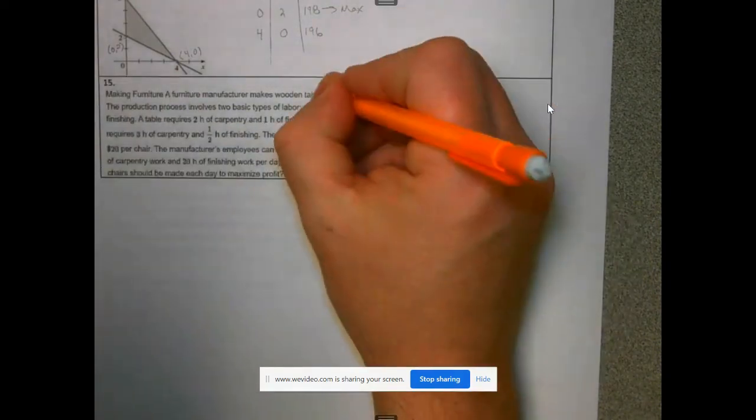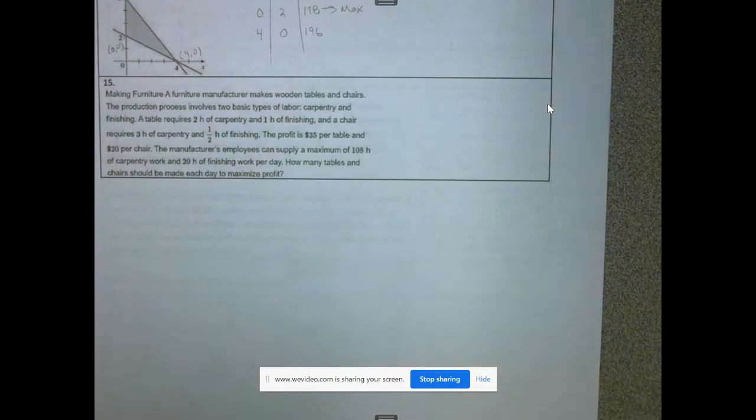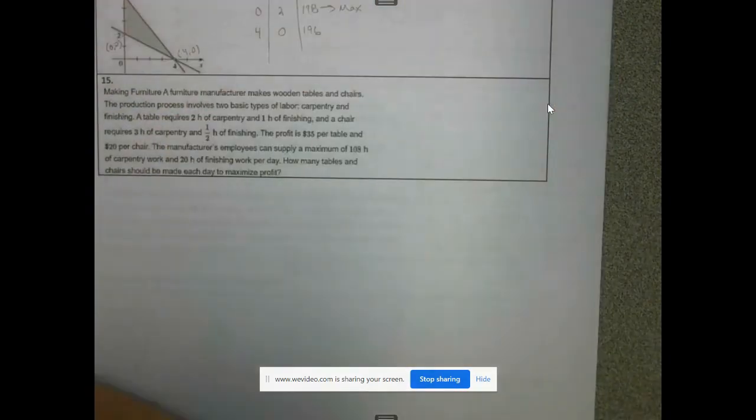So we could say, like, I don't know, maybe tables is X and chairs is Y, or you can say T and C. The production process involves two basic types of labor, carpentry and finishing. A table requires 2 hours of carpentry and 1 hour of finishing. A chair requires 3 hours of carpentry and a half hour of finishing.